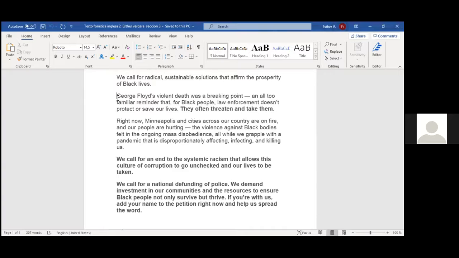They often threaten and take them. Right now, municipalities and cities across our country are on fire, and our people are hurting.